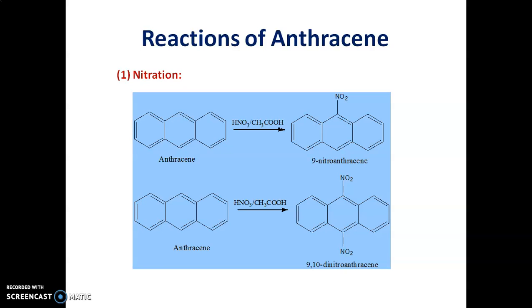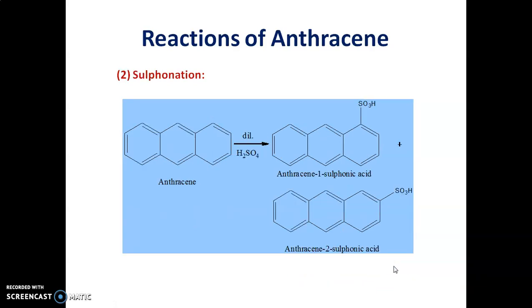So we get two different products upon nitration of anthracene, that is at lower temperature we are getting 9-nitroanthracene, and at higher temperature we are getting a disubstituted compound, that is 9,10-dinitroanthracene.